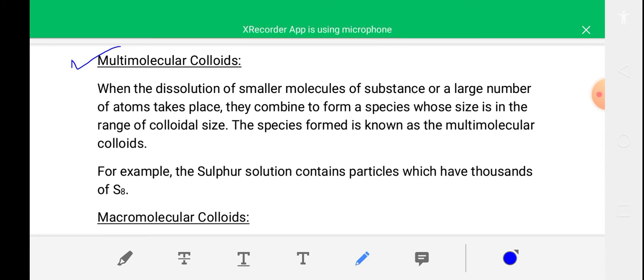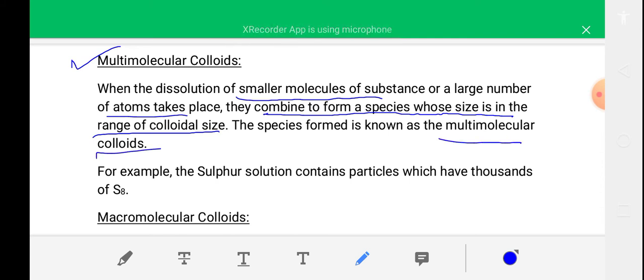When a large number of atoms or smaller molecules of a substance dissolve, they combine to form a species whose size is in the colloidal range, and the species formed is known as a multimolecular colloid.